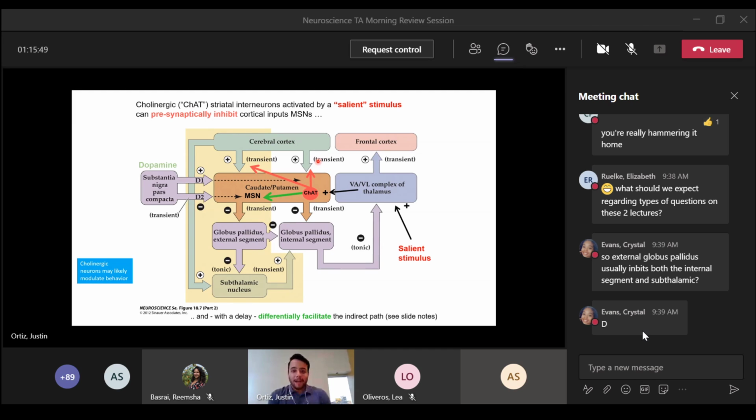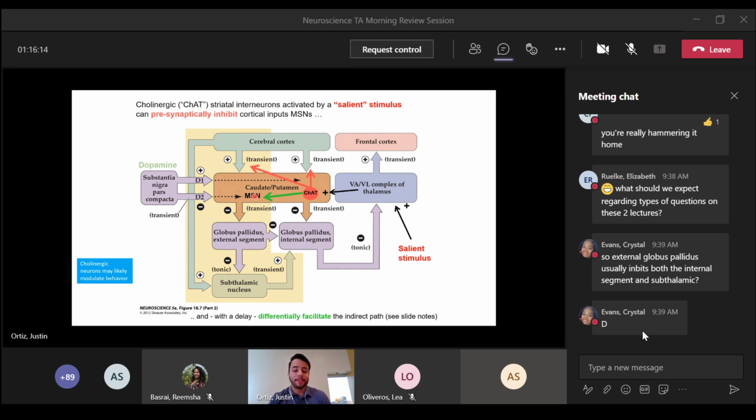At the same time, acetylcholine is going to activate the D2 MSNs, not the D1 MSNs. And you're probably thinking, why does it activate D2 instead of D1? The reason is that we have these muscarinic 1 receptors on D2. If you remember from pharm, M1, M3, and M5 are excitatory.